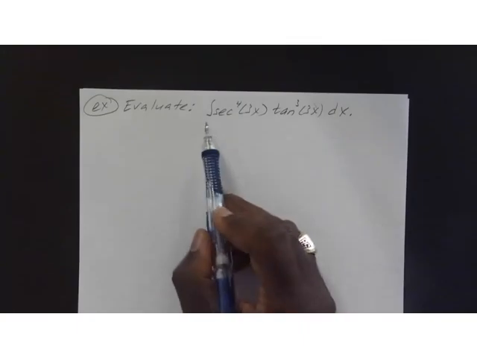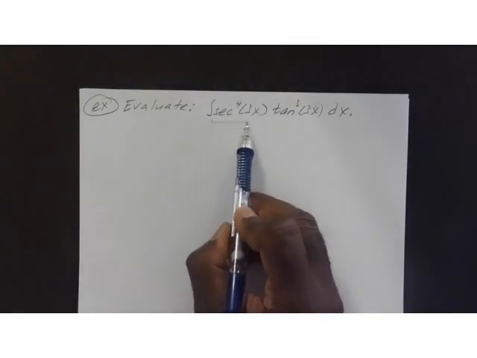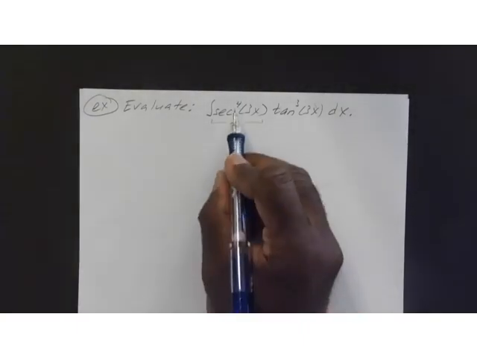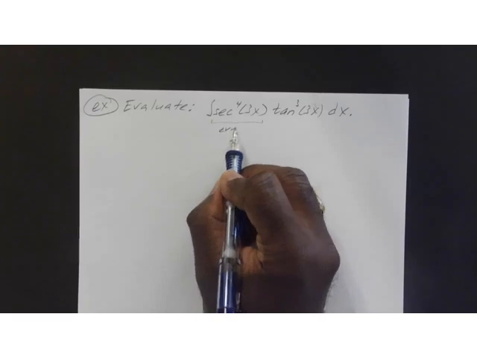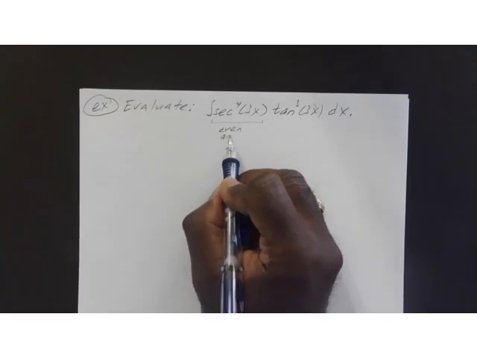Okay. So we can see here that our secant term is raised to the exponent that's even and positive.